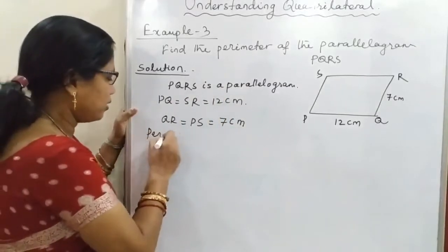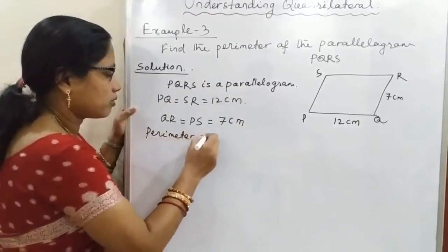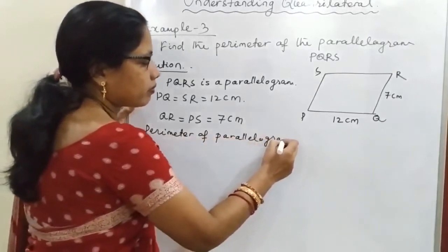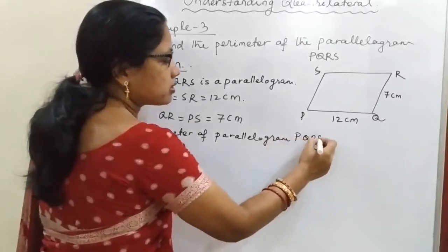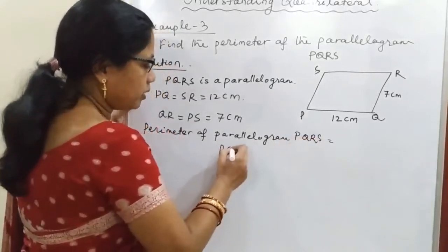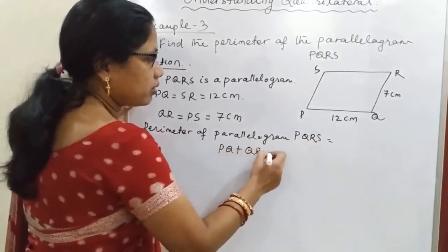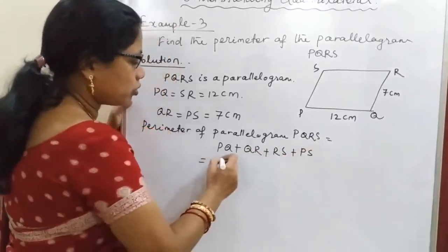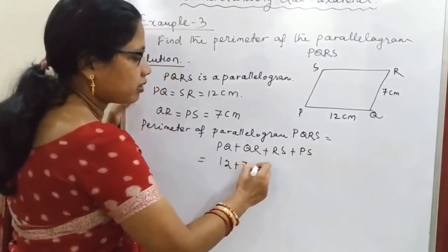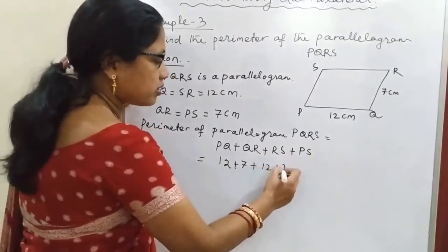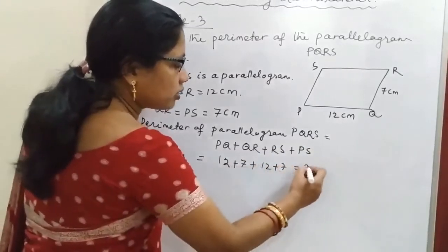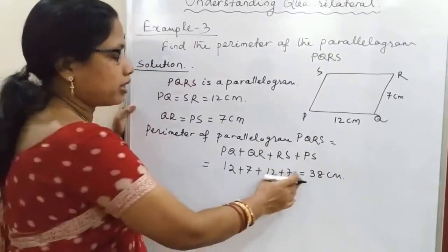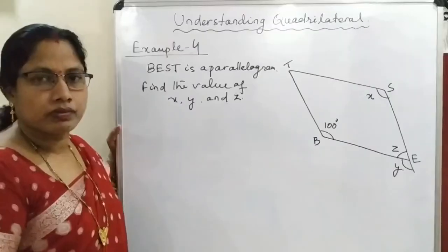So perimeter of parallelogram PQRS is equal to PQ plus QR plus RS plus PS is equal to 12 plus 7 plus 12 plus 7. So this is equal to 38 cm. So perimeter of the parallelogram PQRS is 38 cm.